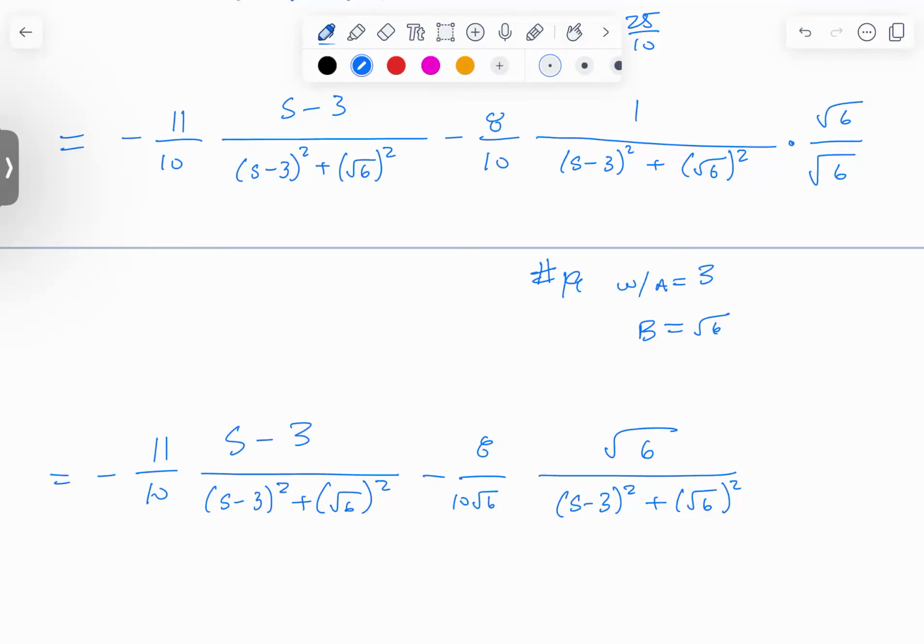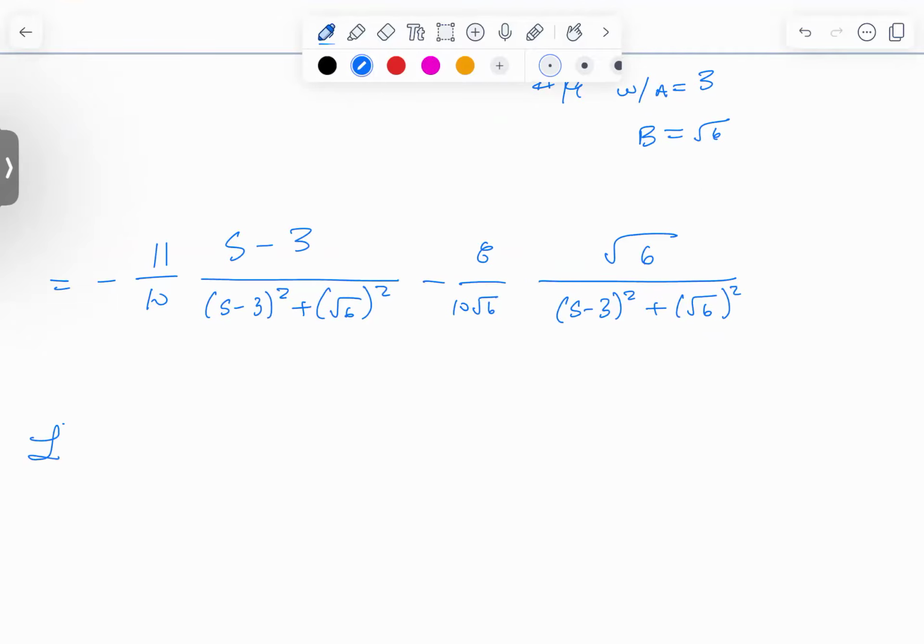And I could reduce that to 4/5 too, but we're just keeping track so much, it doesn't really matter, right? That one comes all the way out, that one actually ends up in the function.